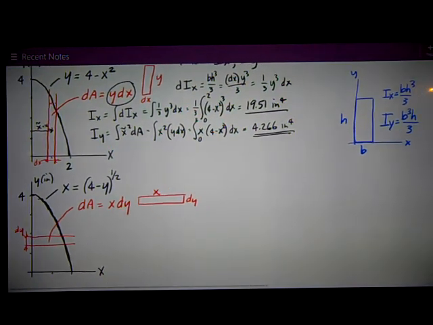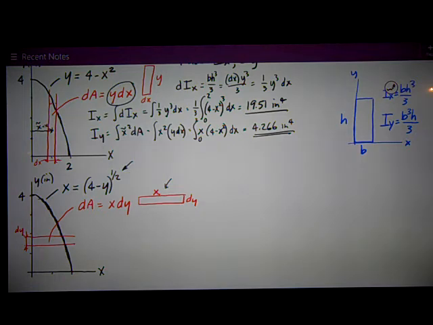Now we're going to do it the other way, which is take a differential element dA perpendicular to the y-axis, so it's a horizontal rectangle, and its width is x and its height is dy. And this time I'm going to be integrating with respect to y along the y-axis, so I need to rearrange the equation of that curve that forms the boundary of the area as x equals 4 minus y to the 1/2 power.